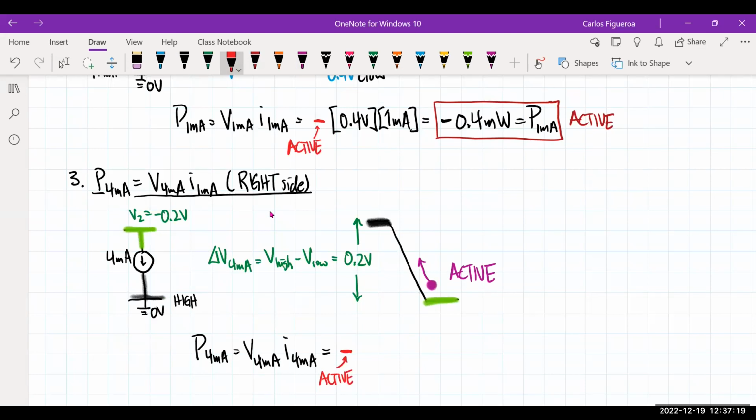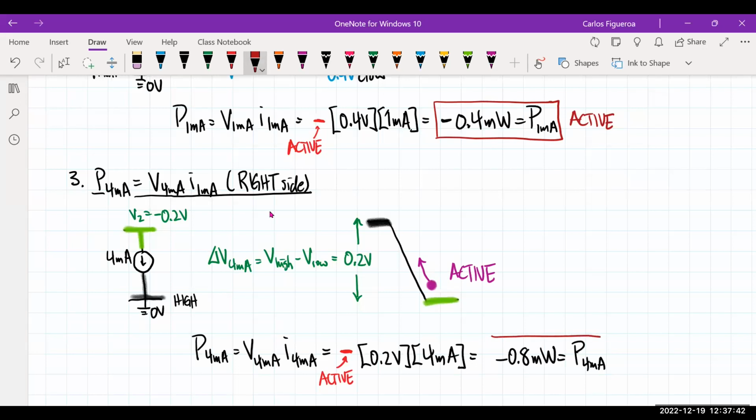So because it's active, I'm going to multiply the voltage, which is 0.2 volts, times 4 milliamps. This gives me minus 0.8 milliwatts for the right current source on the right side of the circuit. And we see that this guy is active.